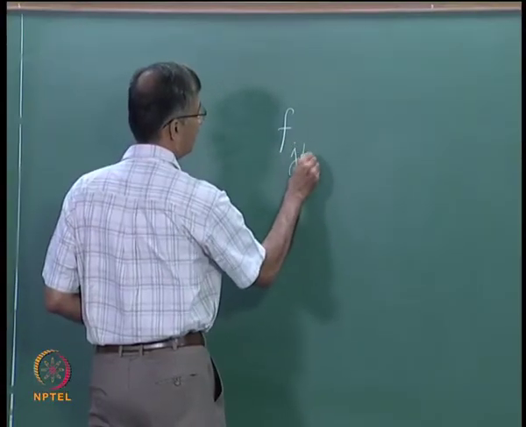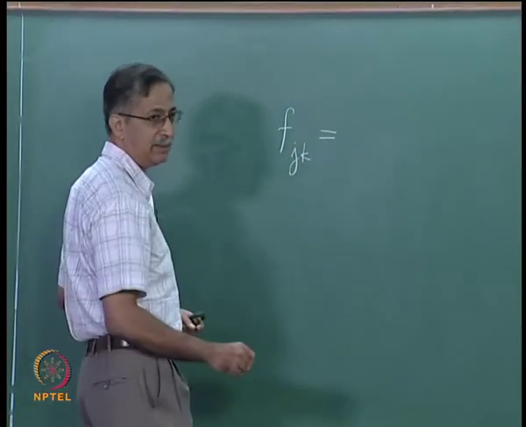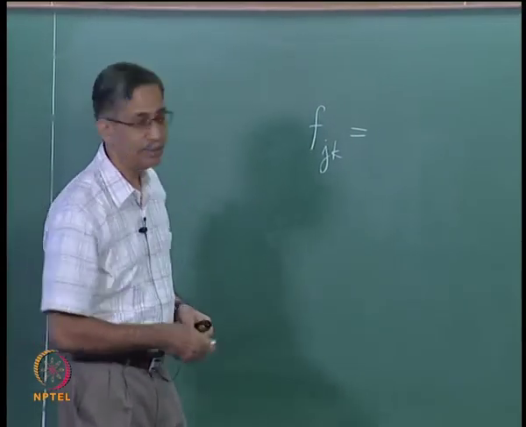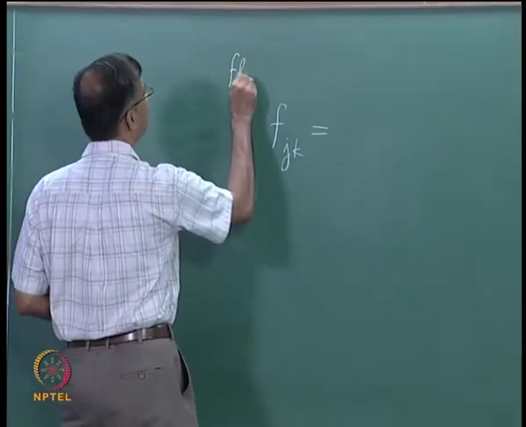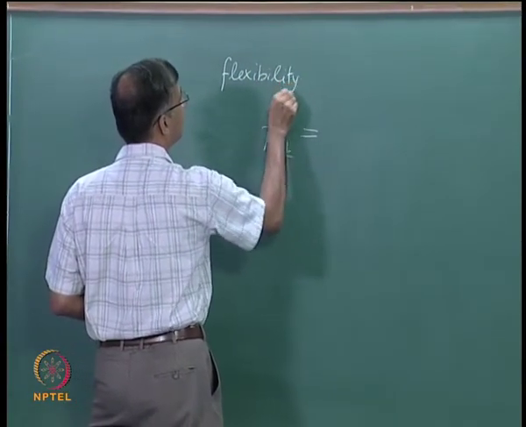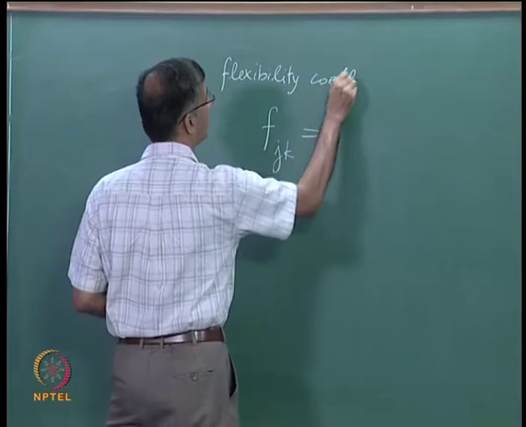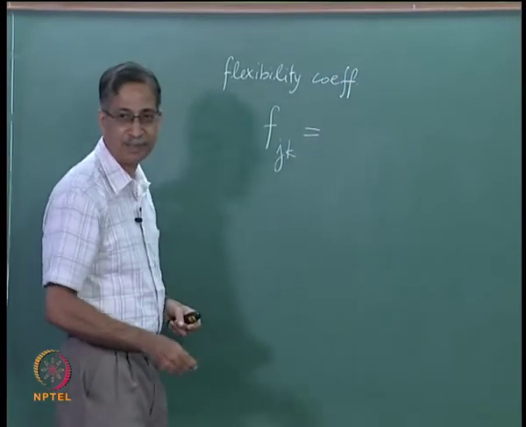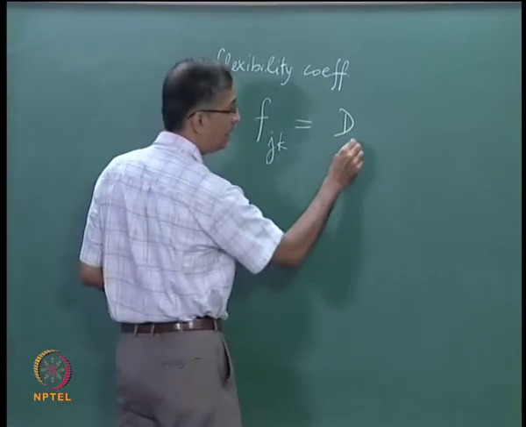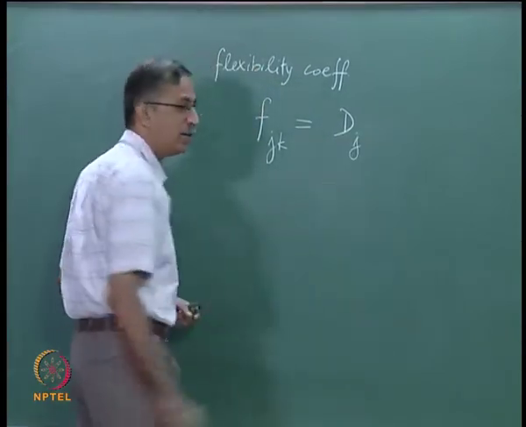Fjk is defined as, is it a force or is it a displacement? This is a flexibility coefficient. So is a flexibility coefficient a force or a displacement? It is a displacement.